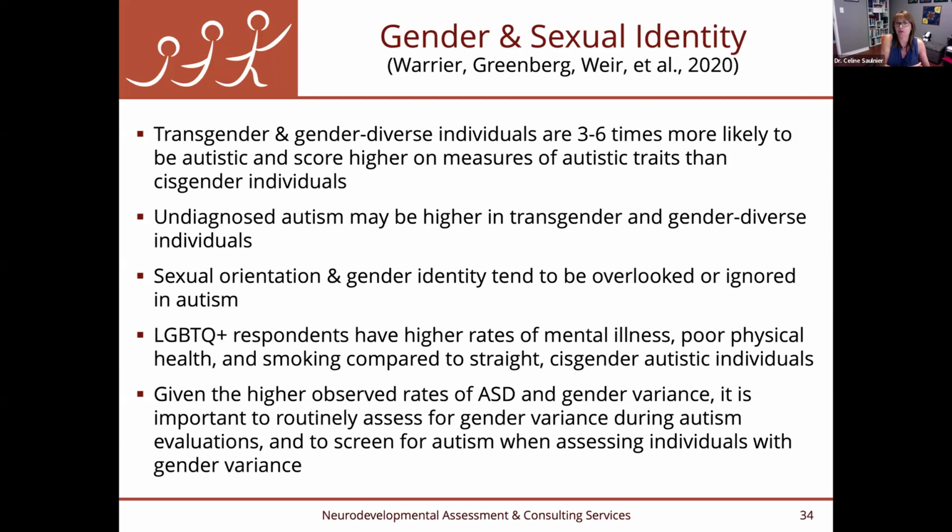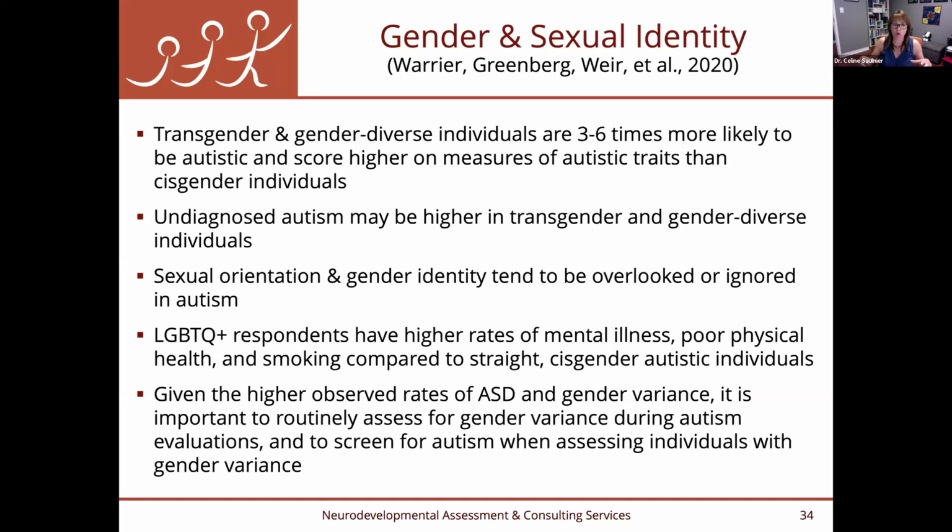Individuals who are experiencing gender dysphoria and going through a gender transformation can have a lot of anxiety and a lot of difficulty with their peers. They can have a lot of challenges that overlap and muddy the waters when you're trying to think about something like an autism presentation. Whereas when you are already identifying the autism and then exploring gender and sexual identity, you're seeing more fluidity.